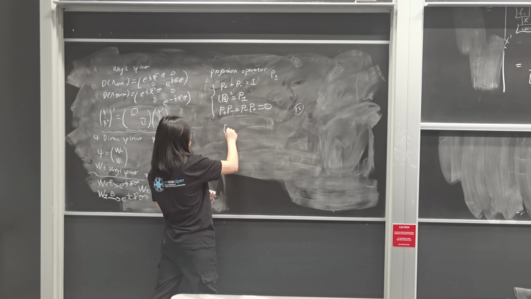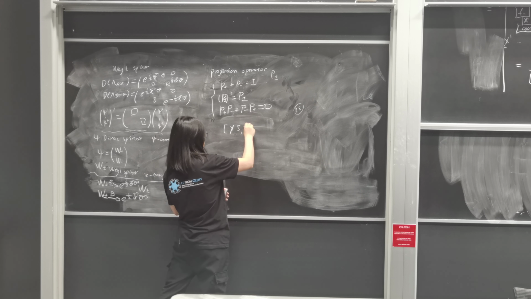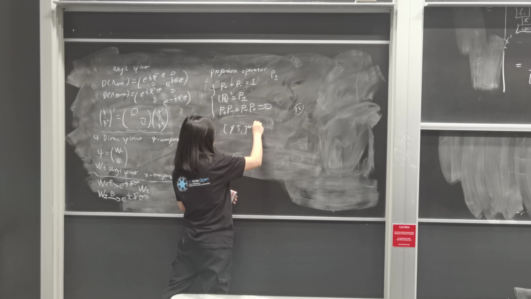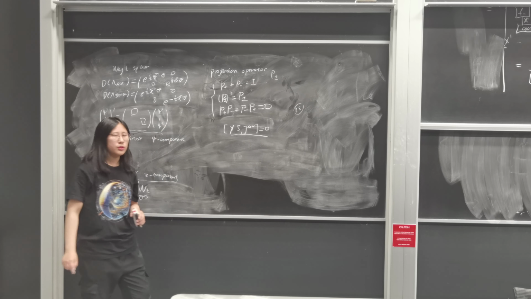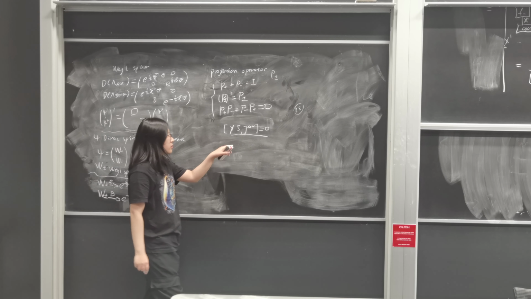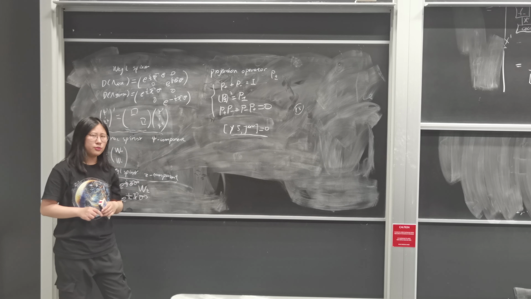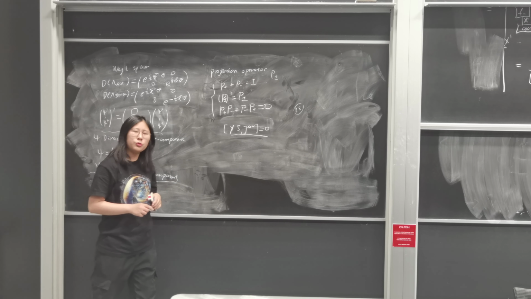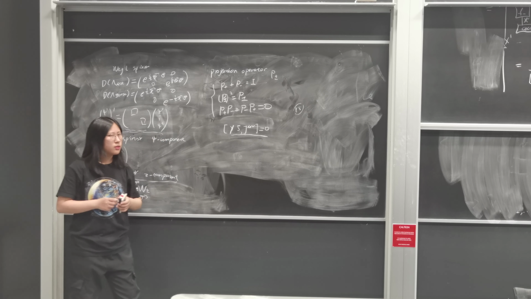So it should commute with the generators of the Lorentz group, which means that the commutator of gamma5 and J mu nu should be 0. So what is gamma5, you may think.